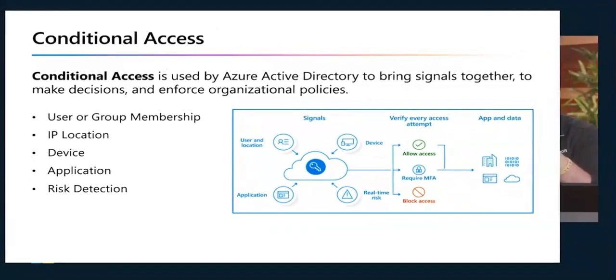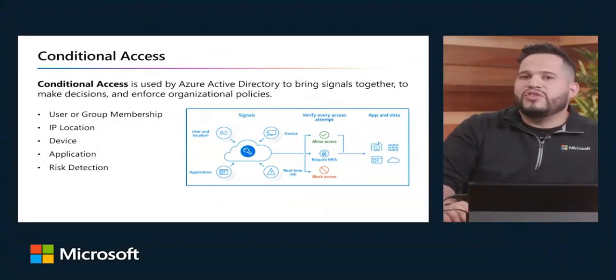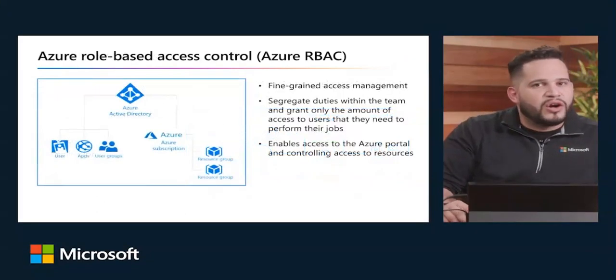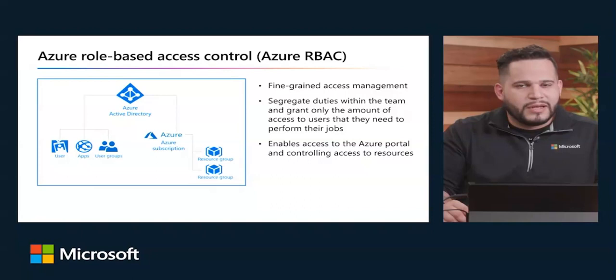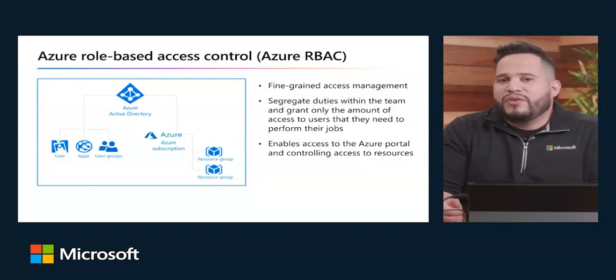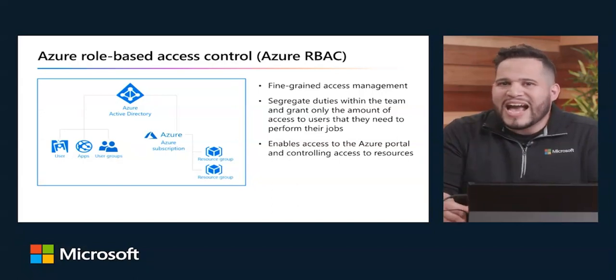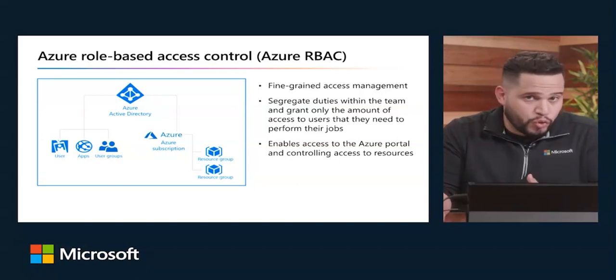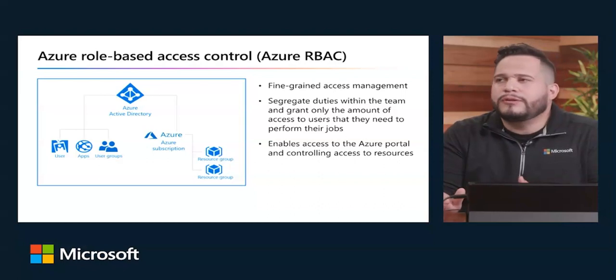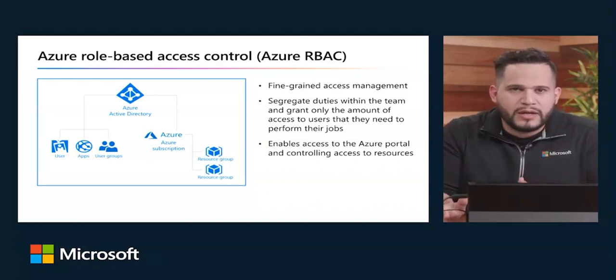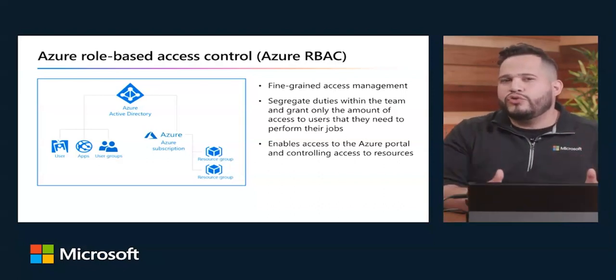So now that we know about conditional access, let us start with roles. Remember how I told you Azure Active Directory can help support your roles by assigning them? Well, role-based access control, or RBAC for short, think of this as your authorization, right? What are you allowing your users to do?